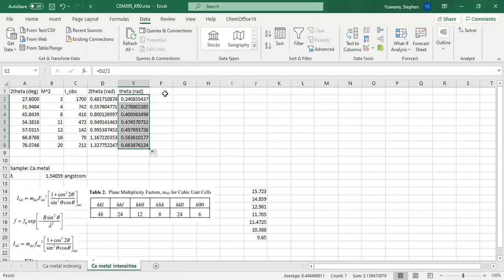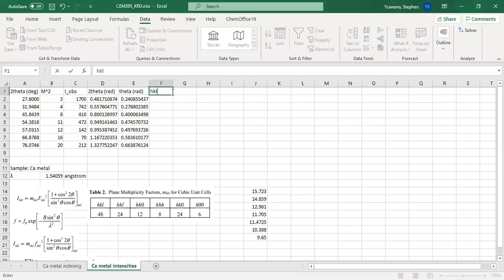The next step is we need to calculate the multiplicity of the plane. Before we do that, we need to understand that each of these Miller indices corresponds to the three HKL values. If you look at table 1, you will be able to figure it out.